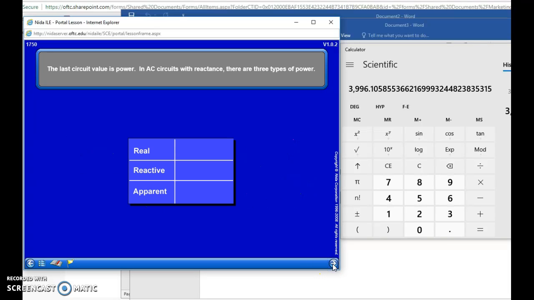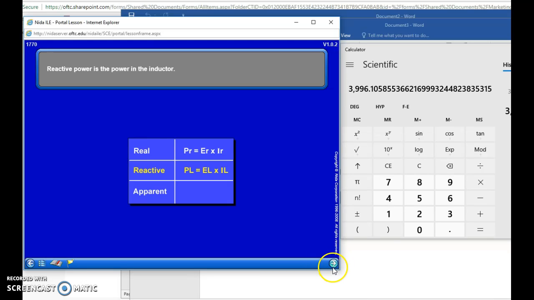The last circuit value is power. In AC circuits with reactance, there are 3 types: real, reactive, and apparent. The formula for real is PR equals ER times IR. The formula for reactive is PL equals EL times IL.